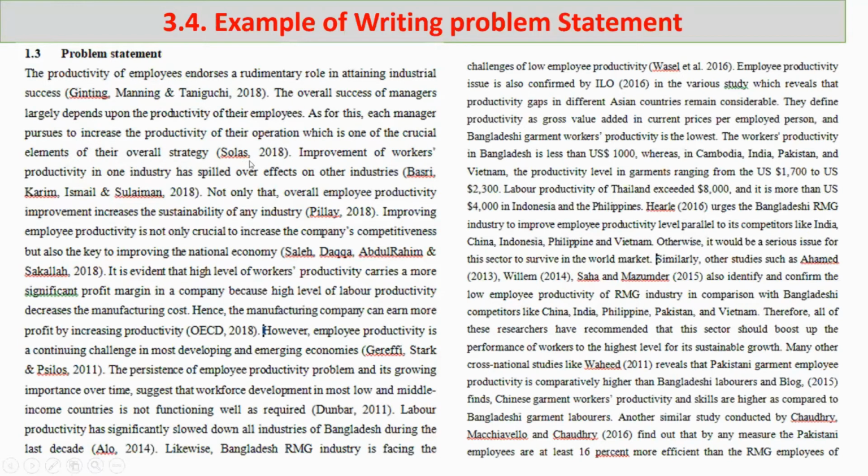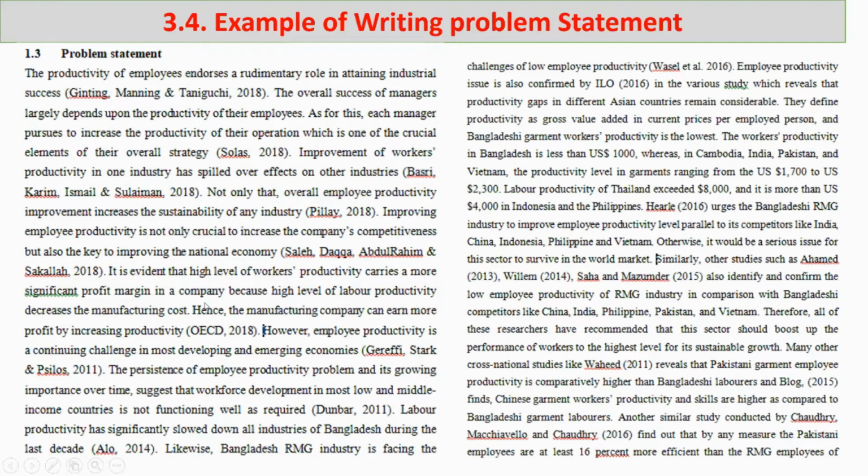Who says so? Solas. Improvement of workers' productivity in one industry has a spillover effect on other industries. Who said so? Suleiman and others. Not only that, overall employee productivity improvement increases the sustainability of any industry. Improving employee productivity is not only crucial to increase the company's competitiveness, but also key to improving the national economy.